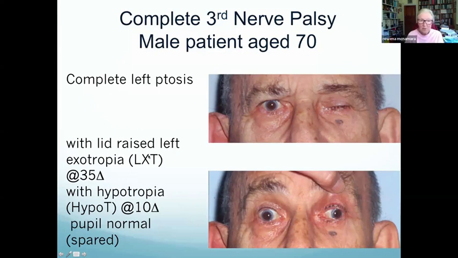So in this case, when we raised up his left lid, we can see he has a left exotropia of about 35 prism diopters, and he has a hypotropia of about 10 prism diopters. In his case, he doesn't have a dilated pupil. The pupil has been spared, and so the most likely etiology is diabetes.